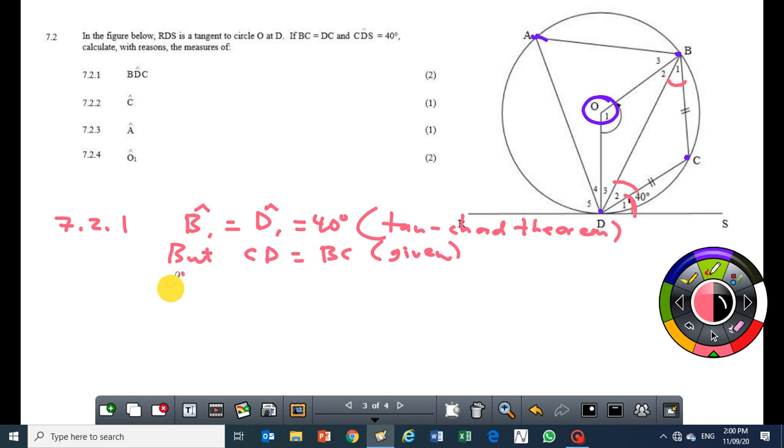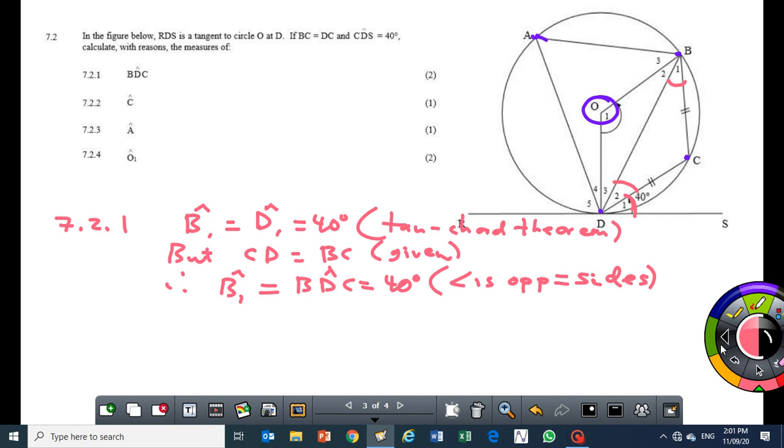Therefore angle B1 is equal to D2. It's equal to BDC, which means that's equal to 40 degrees. My reason is angles opposite equal sides. Exactly. Then you are done.